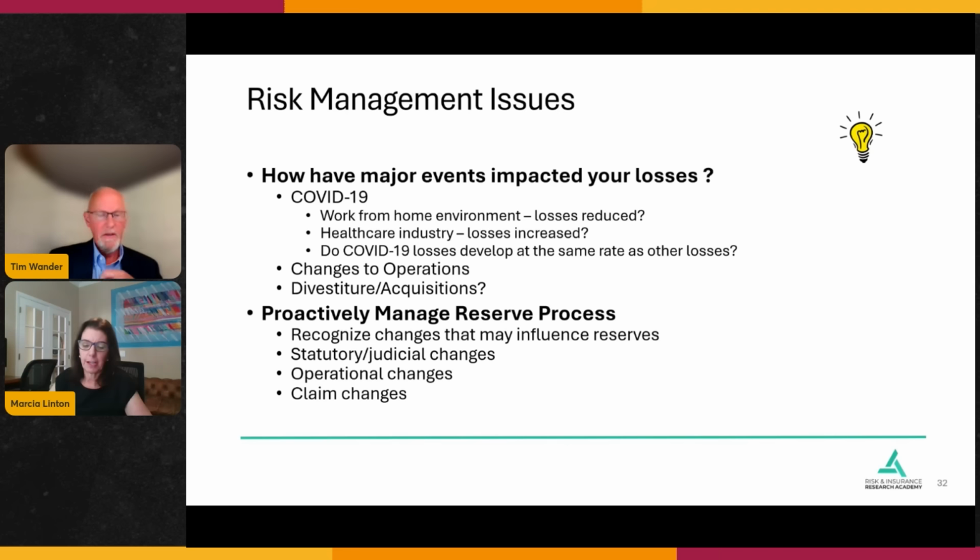Go ahead, Marsha. Tim, let me jump in with one quick thing about COVID. There were two different ways that we had to deal with this during COVID. When we were in the middle of COVID, we were all at home. Anybody who was in an industry that was more clerical in nature, not a first responder, not a hospital or healthcare company, we saw with workers' comp a huge decrease in workers' comp losses.